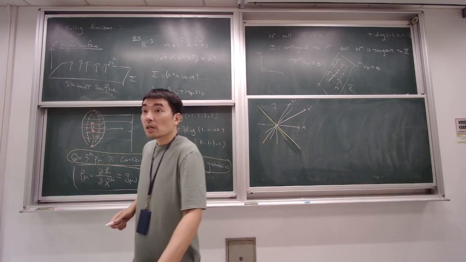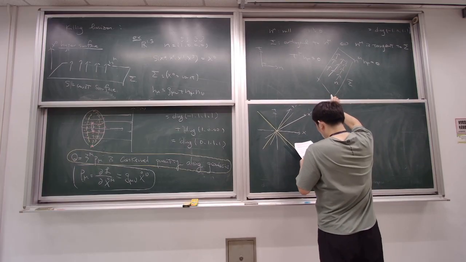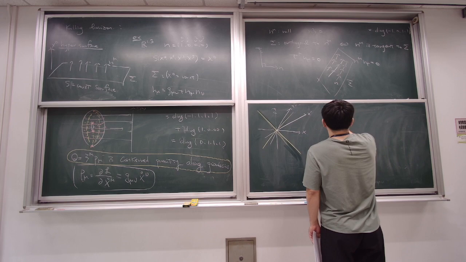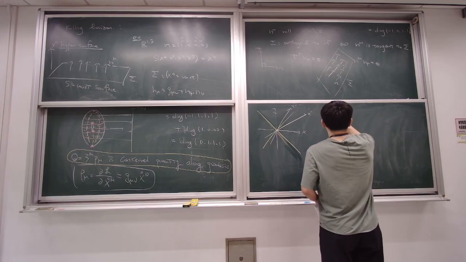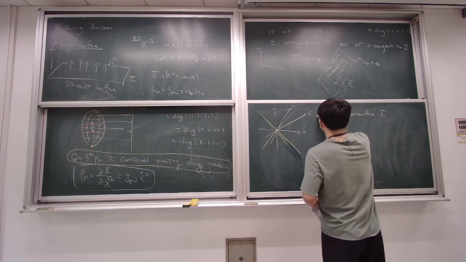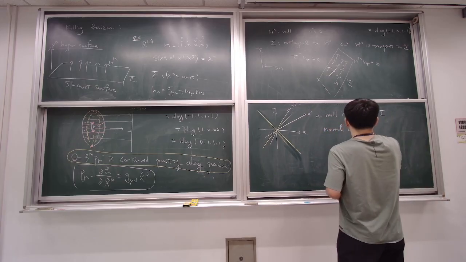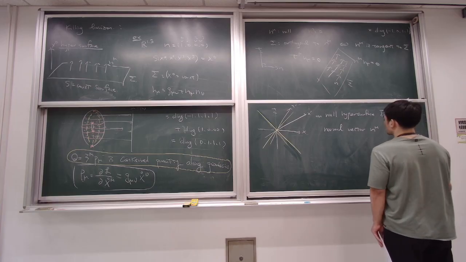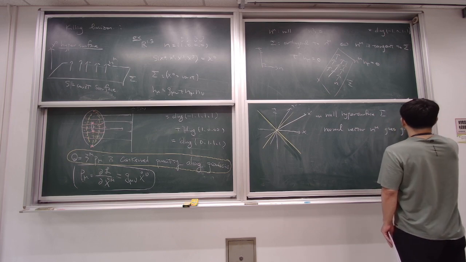Anyway. So moreover, no hypersurface sigma, normal vector n mu, gives geodesics.